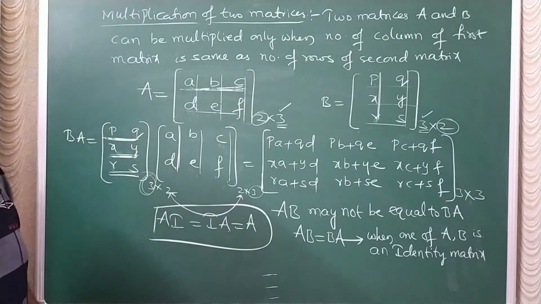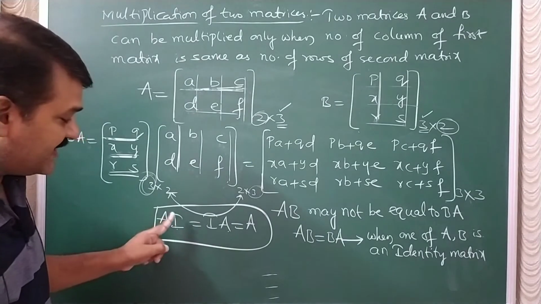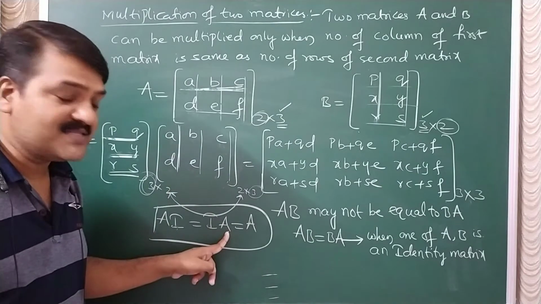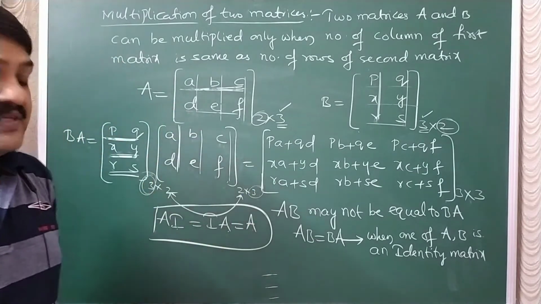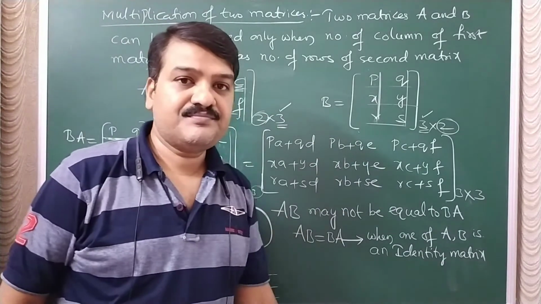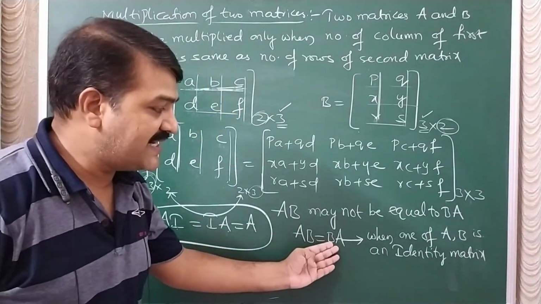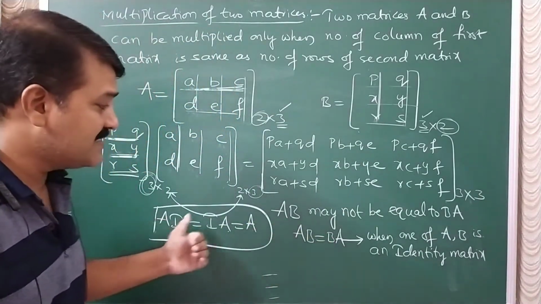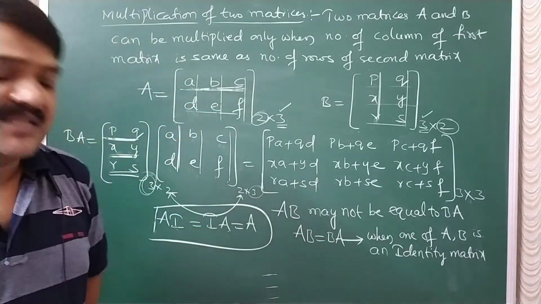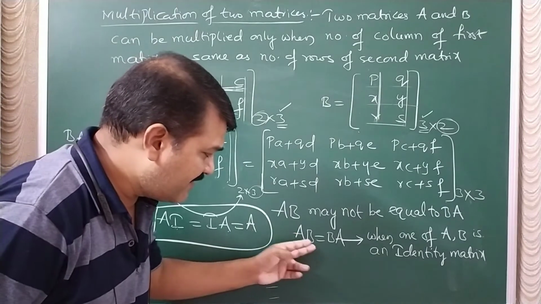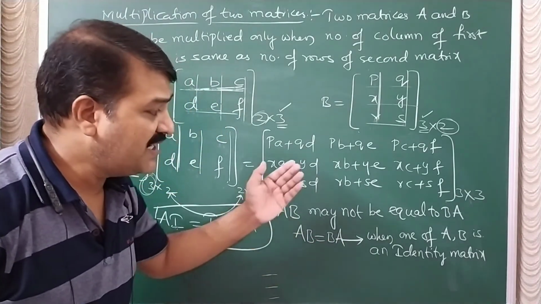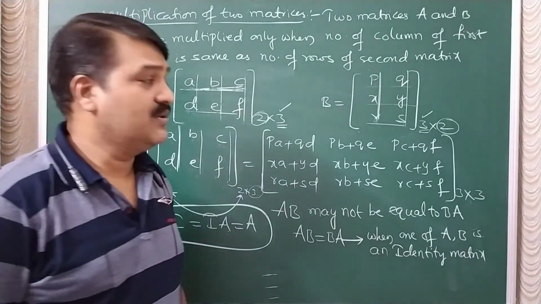I will show you example for that. Any matrix into unit matrix or any unit matrix into a matrix A will be A only. A multiplied with a unit matrix will be A only. Therefore, this rule will be satisfied when one of the matrices is a unit matrix. Otherwise, that is when we don't have a unit matrix in these two, then AB and BA may not be equal.